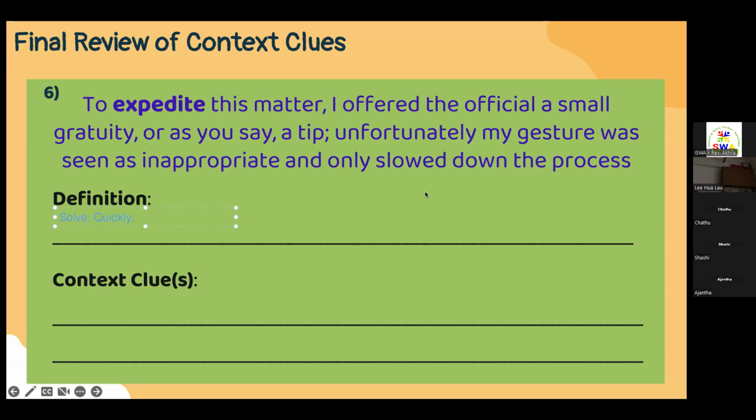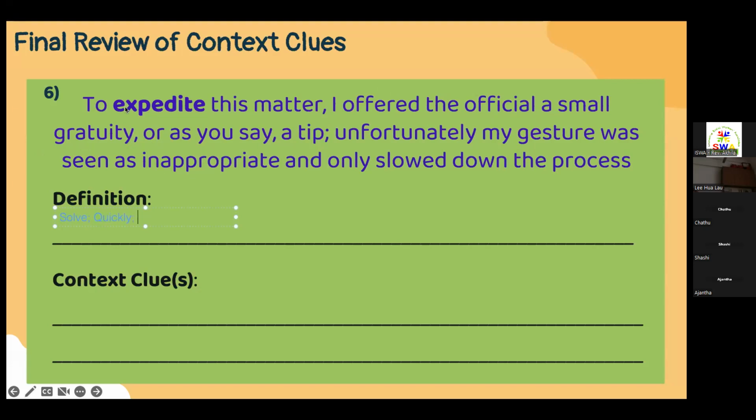Actually, that's not quite right. That's not the part that we are looking at, because they said that this is to expedite this matter, right? So this part, inappropriate and gratuity, is not the part that we infer, because he offered the official a small tip, but this was inappropriate.